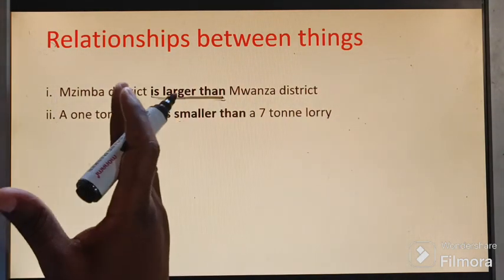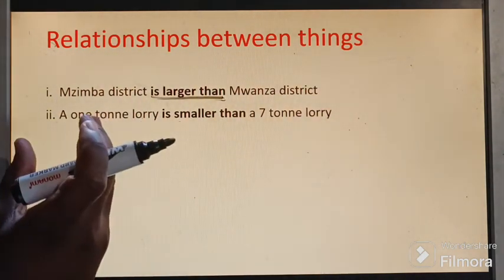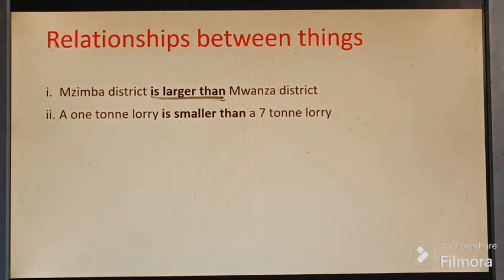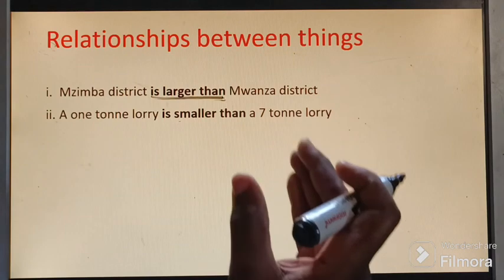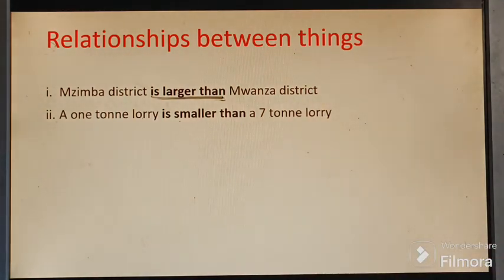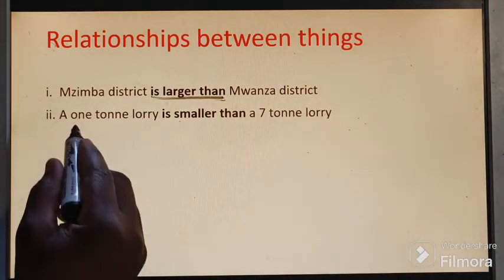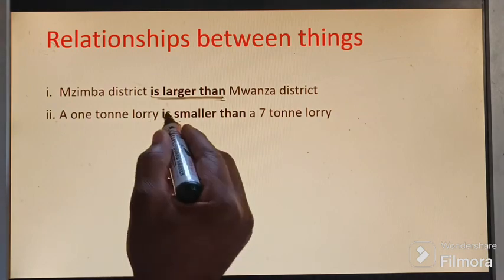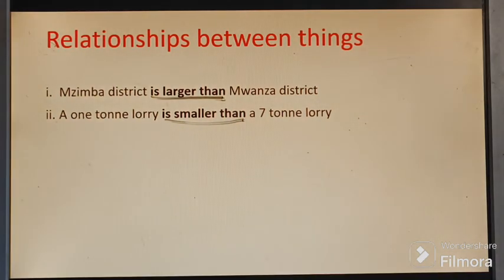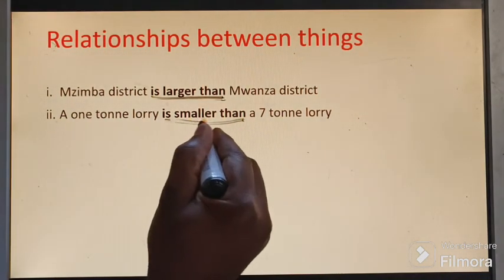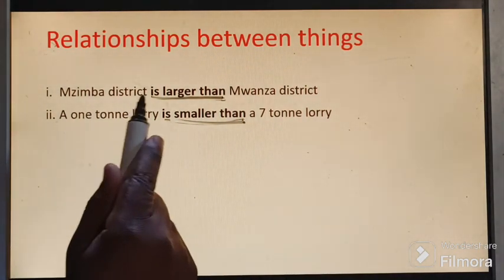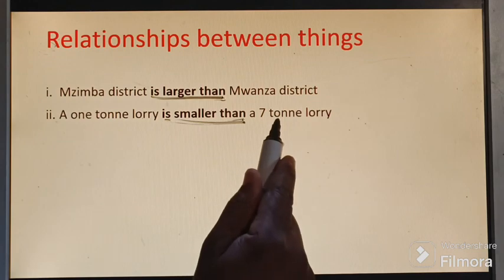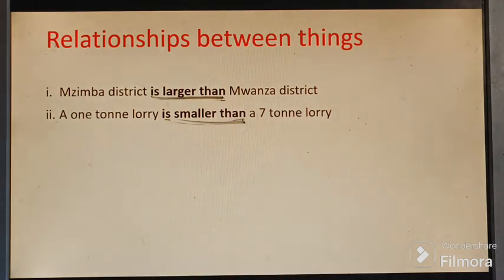So we're trying to establish the relationship between Nzimba district and Mwanza district. Another example, a 1-ton lorry is smaller than a 7-ton lorry. So this phrase, smaller than, is what shows the relationship between a 1-ton lorry and a 7-ton lorry.